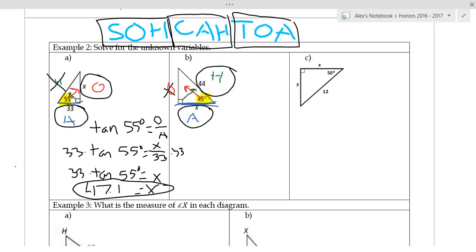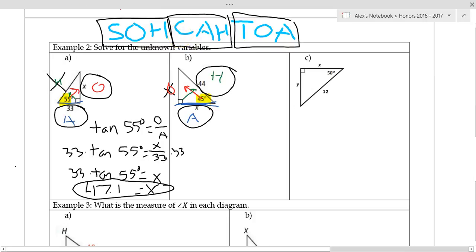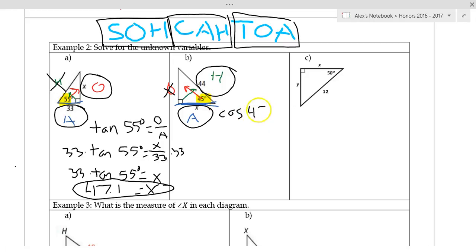Okay. So again, looking up here, the ratio that uses adjacent and hypotenuse is my cosine. So here I'm going to do the cosine of 45 degrees equals adjacent over hypotenuse. My adjacent side is x, and my hypotenuse is 44.